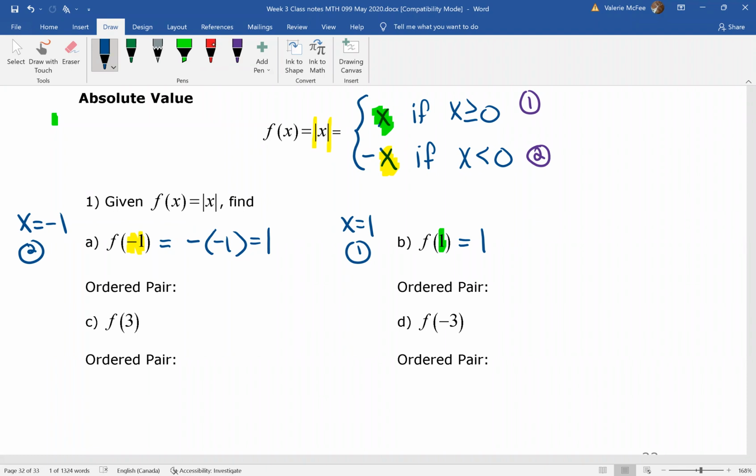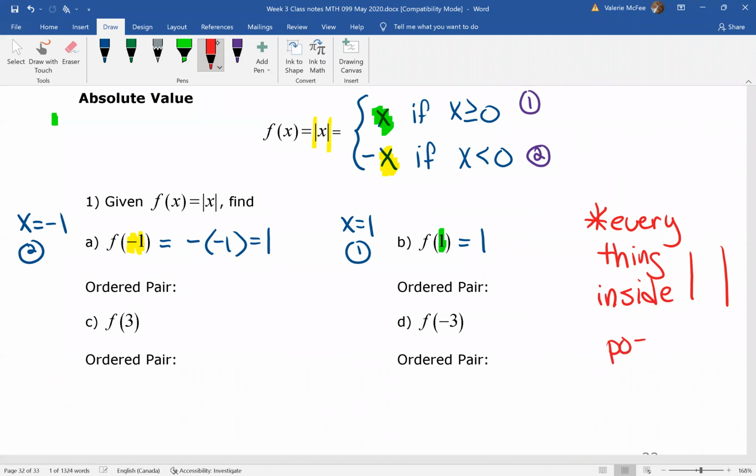What the absolute value does is takes everything inside those lines and makes it positive. What's inside could be positive or negative. Once we take it out, the answer is positive. Can you answer question C?